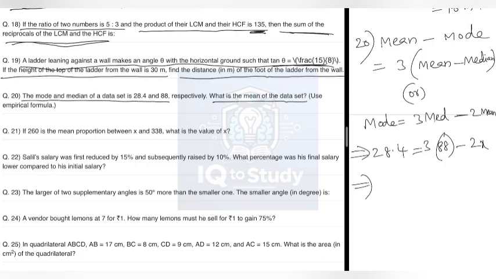That implies 28.4 is equal to 264 minus 2x, which implies 2x is equal to 235.6 and x becomes 117.8.